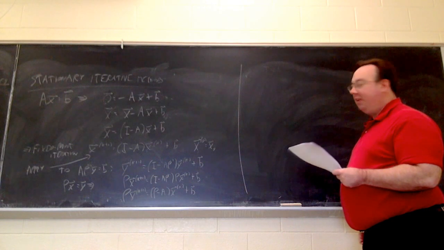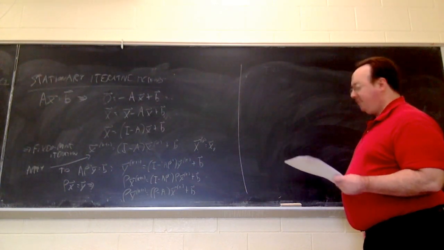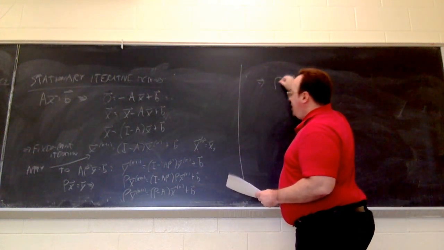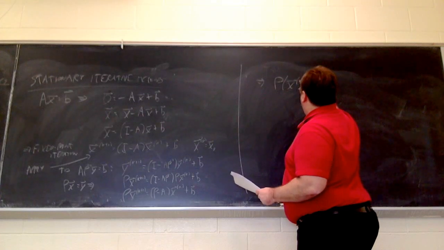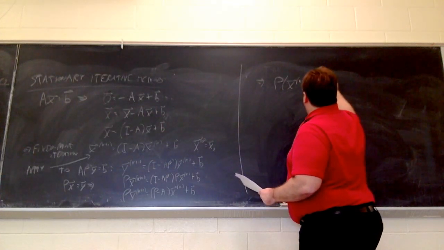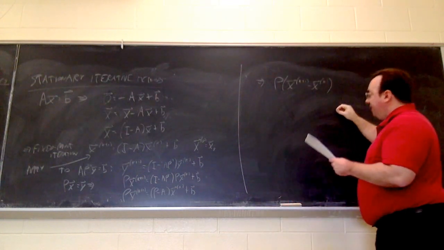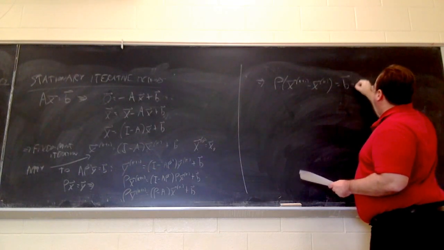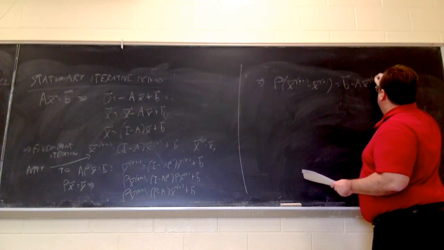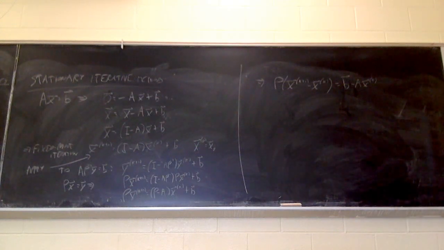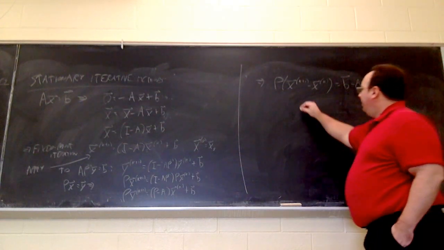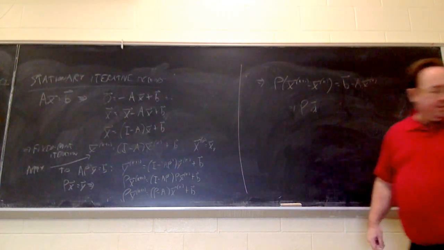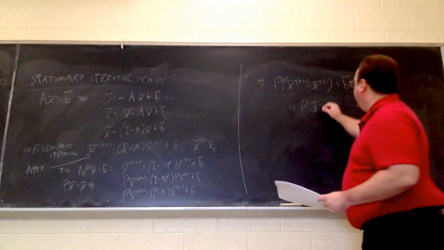Okay, so now I'm going to rearrange that. I want to get all the x's on one side. So now I have P(x_{k+1} minus x_k) is equal to, and everything else that's left is b minus Ax_k. Now, x_{k+1} minus x_k, I refer to that vector as d_k.